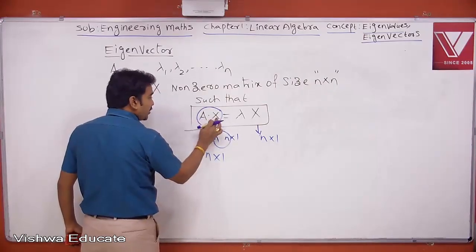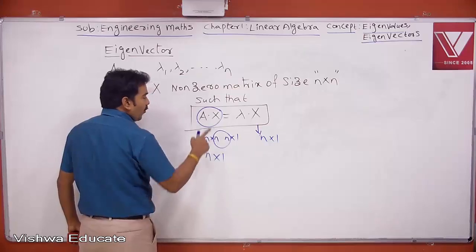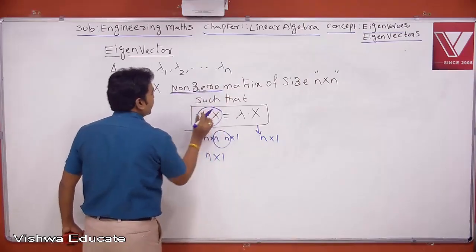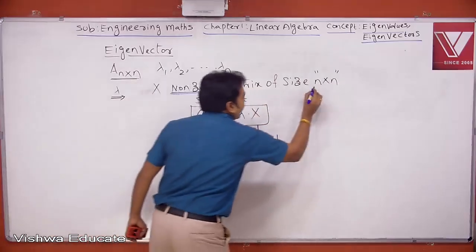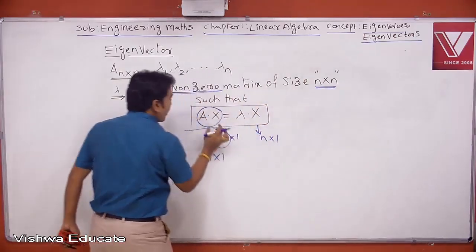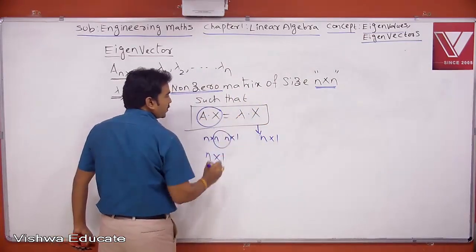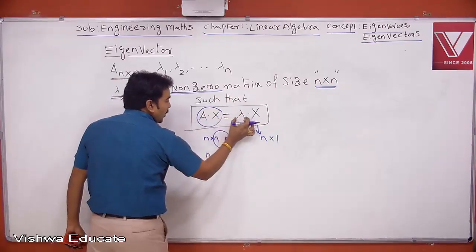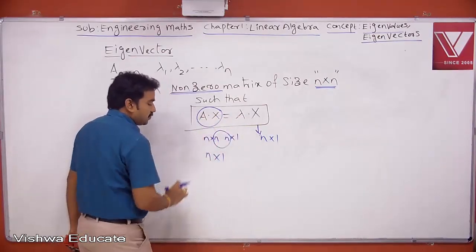Therefore, whenever A dot X equals lambda dot X, where X is a non-zero matrix, this is important, of size n cross 1, such that A into X equals lambda into X, then this X is called an eigenvector of A with respect to an eigenvalue lambda.